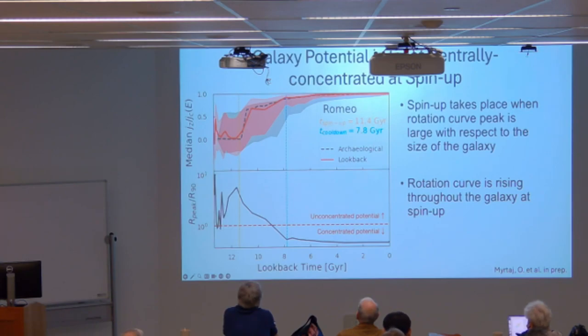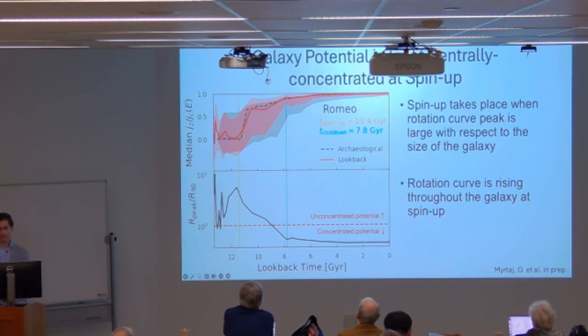I've shown its evolution of circularity on the top panel, and on the bottom panel, what we have is this quantity R_peak over R_90, which is the location of the rotation curve peak divided by the radius that encloses 90% of the young stars. This parameter, which I should mention Hopkins also used, measures the central concentration of the potential.